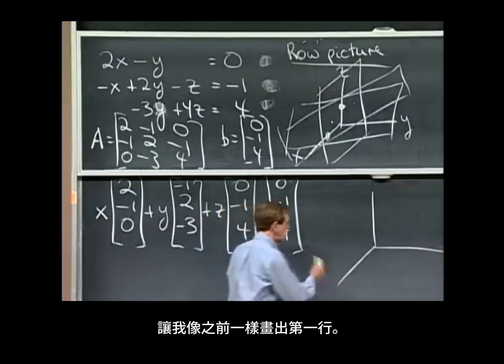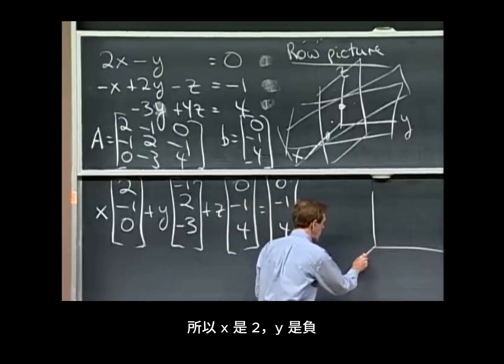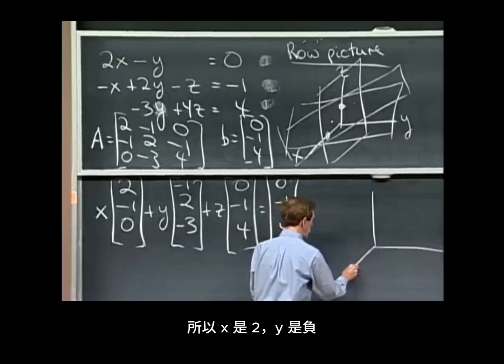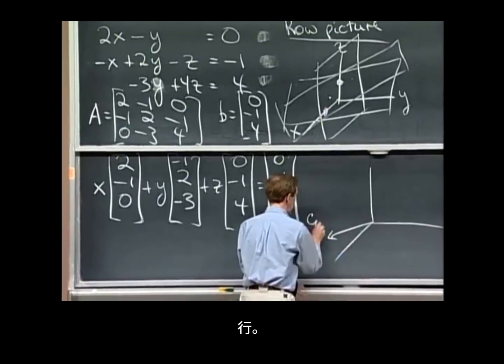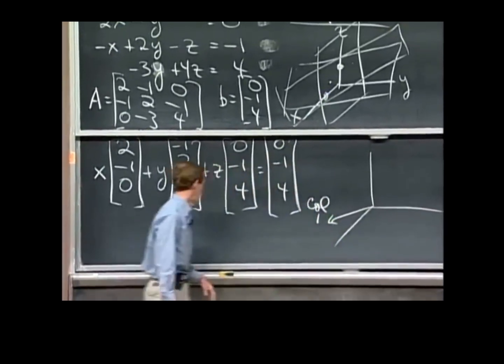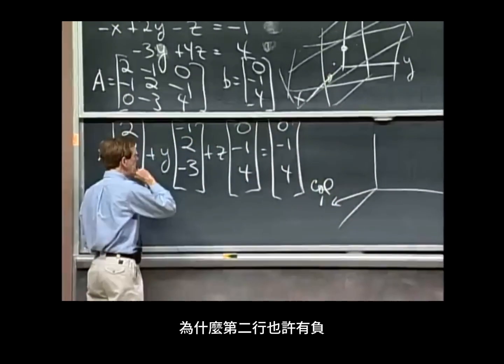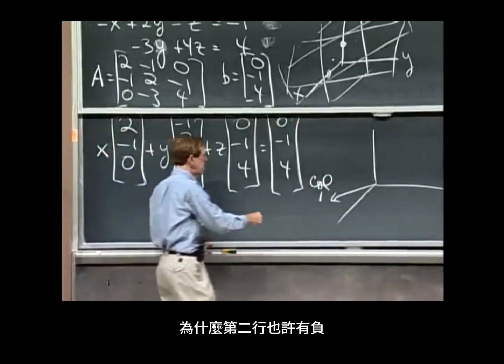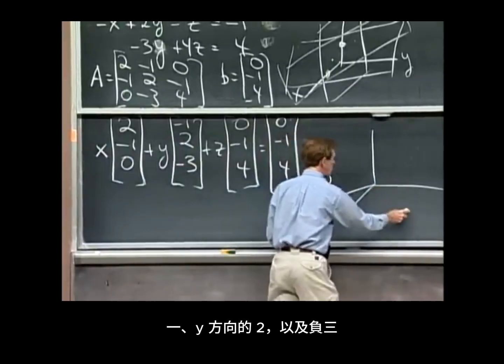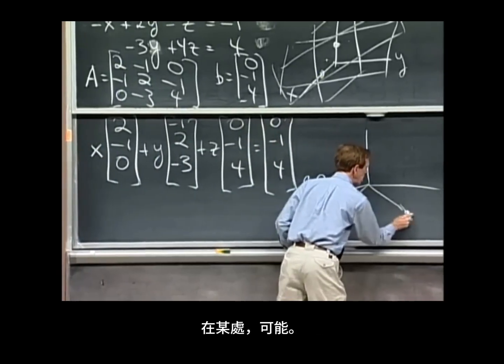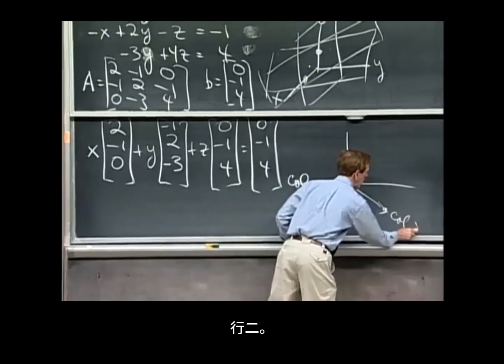Let me draw in the first column as before. So x is 2 and y is minus 1. Maybe there's the first column. The second column has maybe a minus 1 and a 2 in the y's and minus 3's somewhere there possibly, column 2.